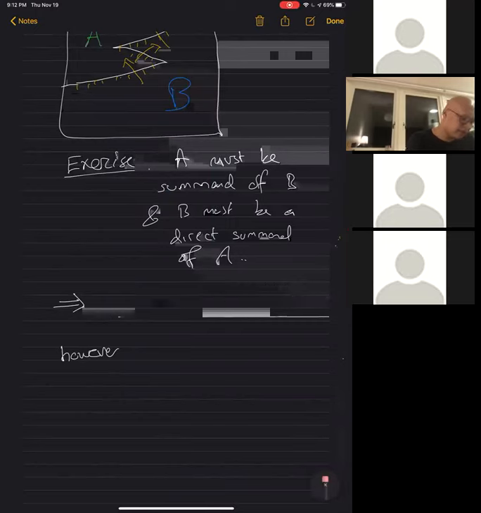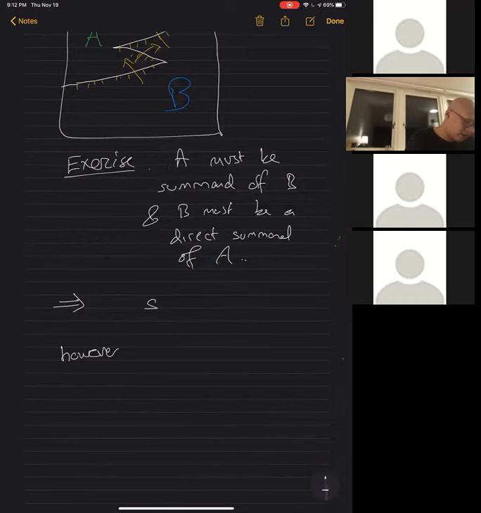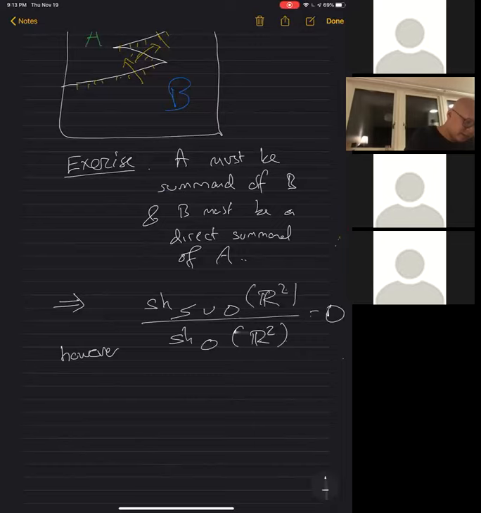Let me say something else. Let me say that the following thing is true, that sheaves microsupported on this thing, let's say this thing union the zero section in R2, modulo sheaves just microsupported on the zero section in R2, that this is 0. Okay, that's what my calculation should just show you.